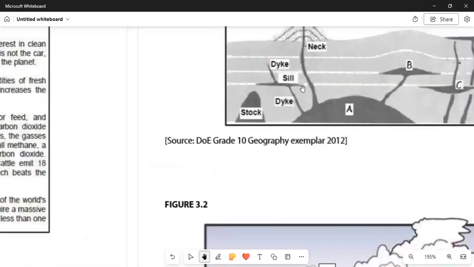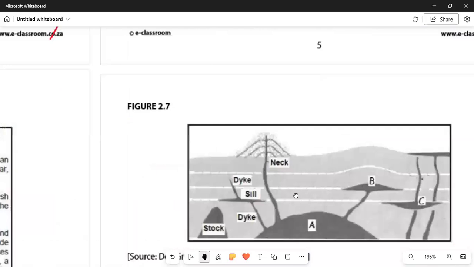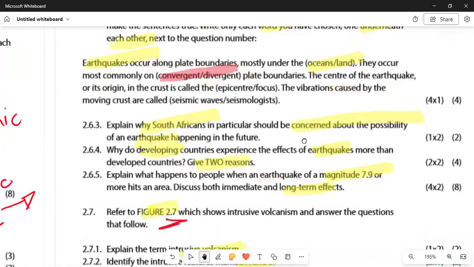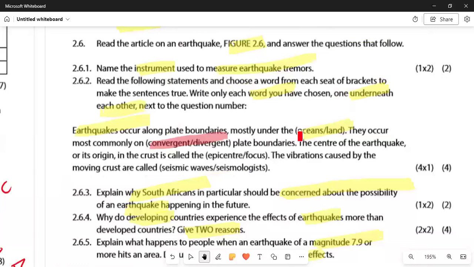And then we need to ensure that we get the questions right, because we have read this earthquake content carefully. In question 2.6.1, they say name the instrument used to measure earthquakes. So there is an instrument that measures earthquakes, and we need to know that.